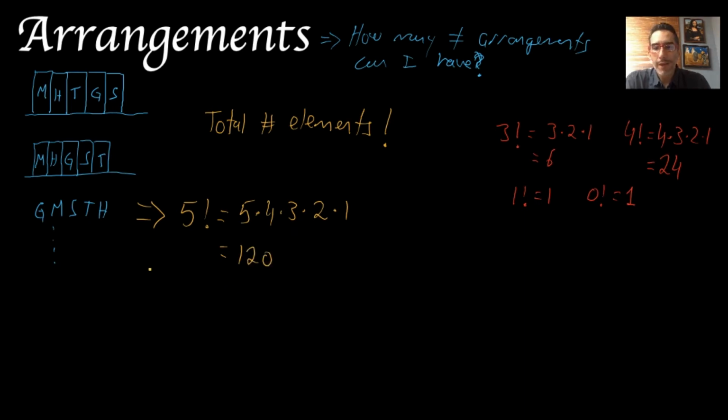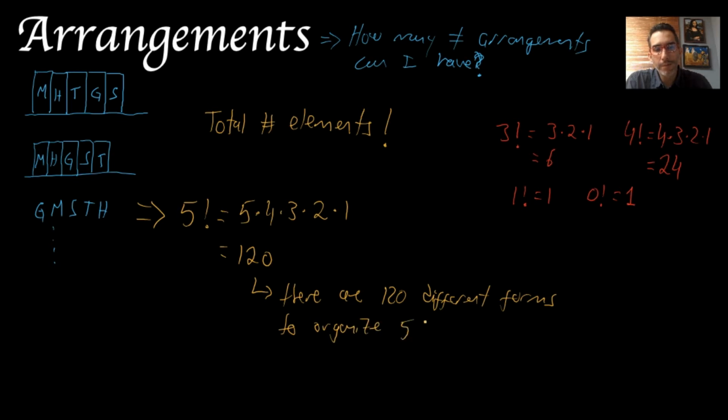Meaning that what this answer is telling us is that there are 120 different arrangements to organize 5 books on a bookshelf. I have all those options on a bookshelf.